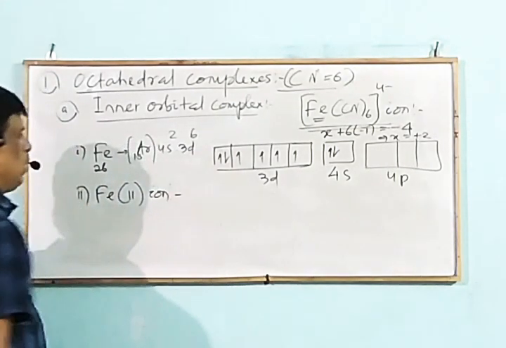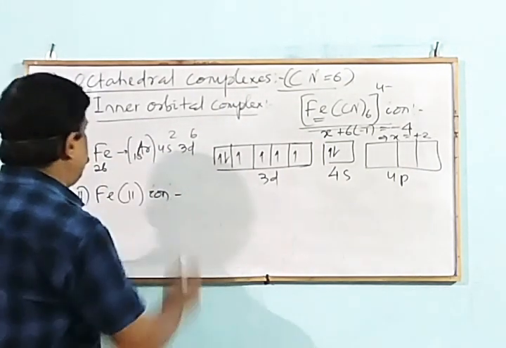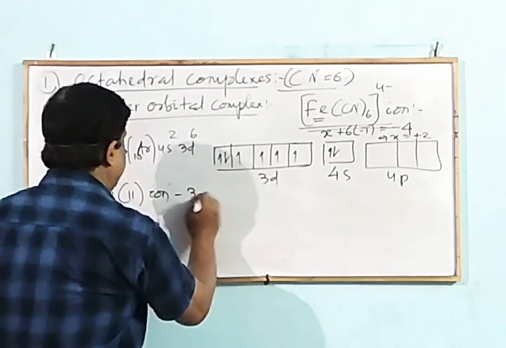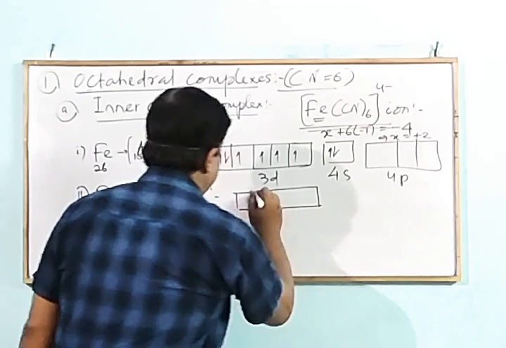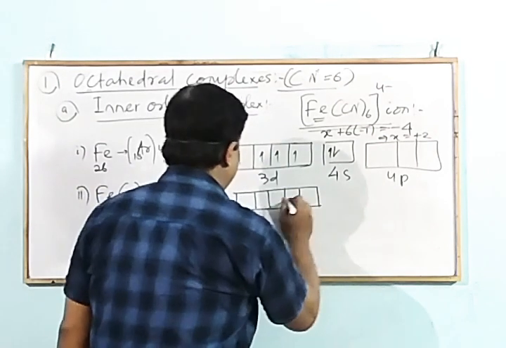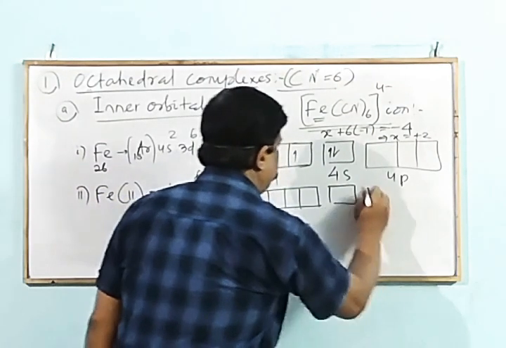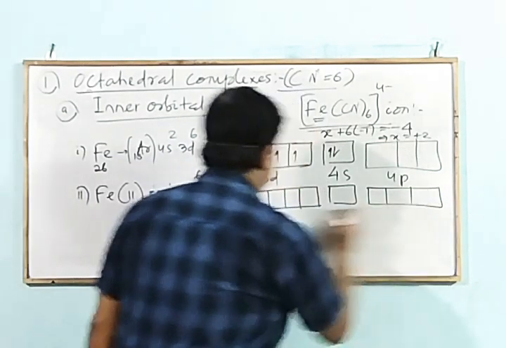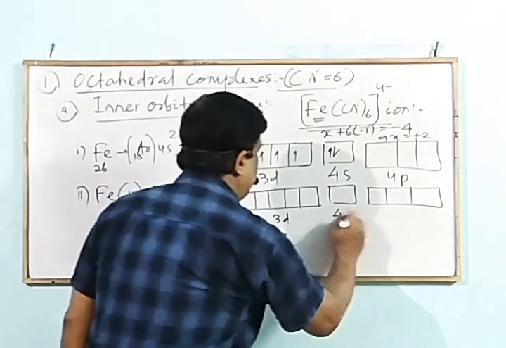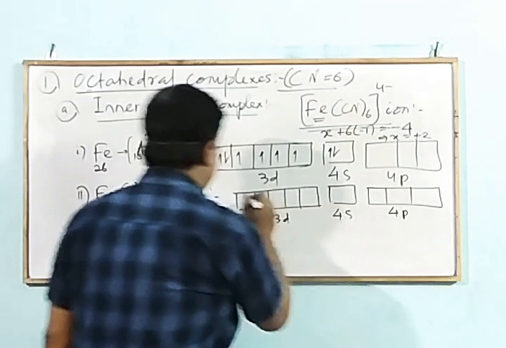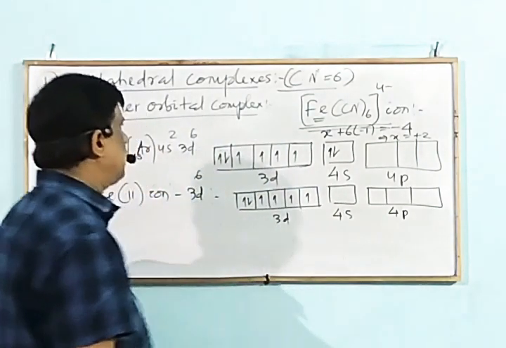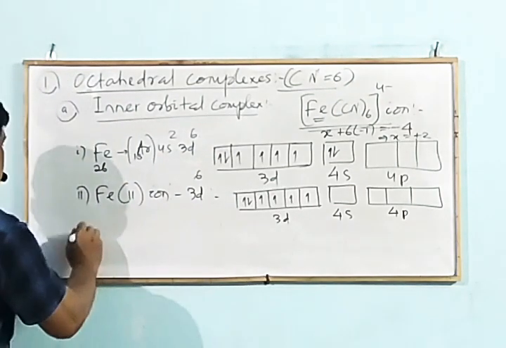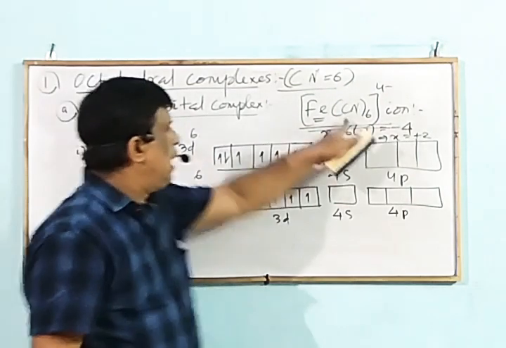That means it loses 2 electrons. That means its structure is 3d6. Mark that, it is 3d, 4s, 4p. Point 3: we know that it is a strong field ligand.